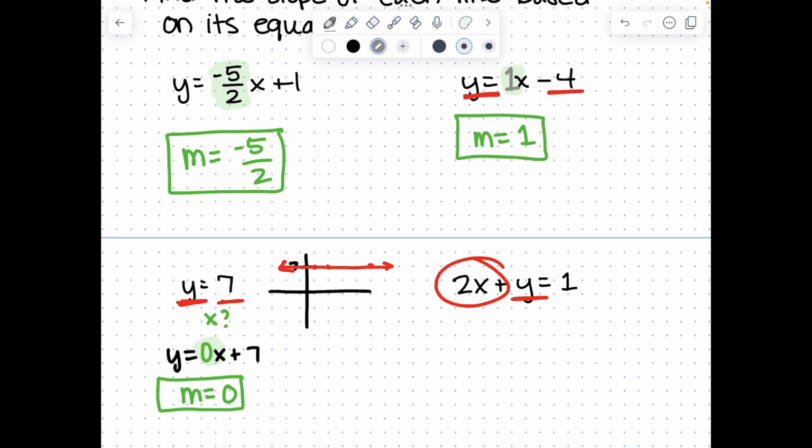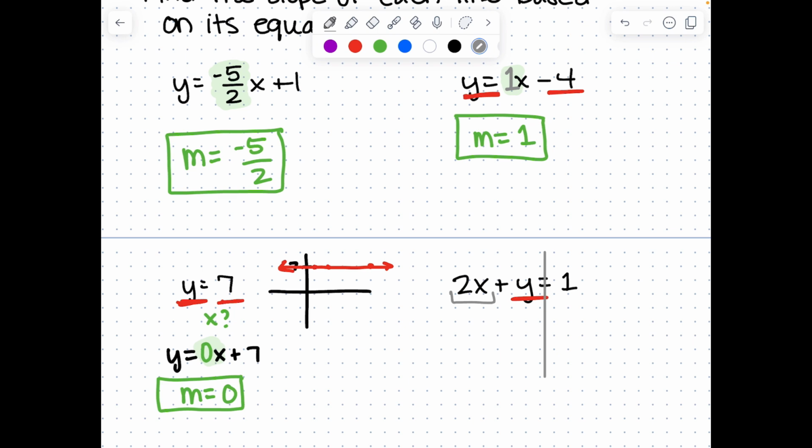Well, we are going to use our inverse operations to get rid of anything that's on the same side as y. And remember, when I say same side, I mean the same side of the equal sign. Y is on the left. The 2x is on the left. That's what we want to get rid of. Now, this is a term altogether. I'd like to just move the whole term together if I can.